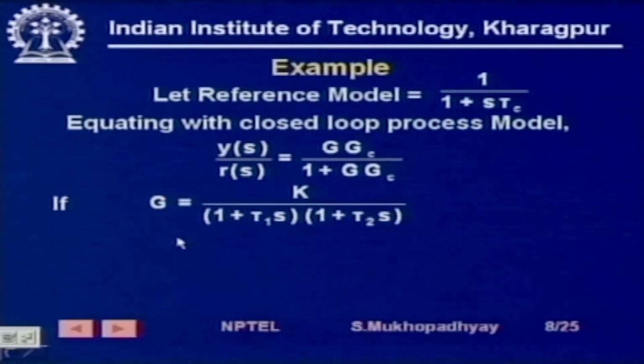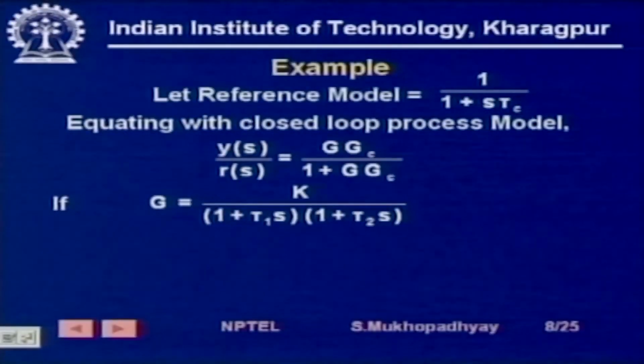Now what is the plant? I said that the plant model should be known. So I am assuming that the plant is a second order process, overdamped. It has two time constants, T1 and T2. Typically, they will be larger than Tc. When we control something, generally we want to make its response faster. So Tc is going to be smaller than T1 and T2.